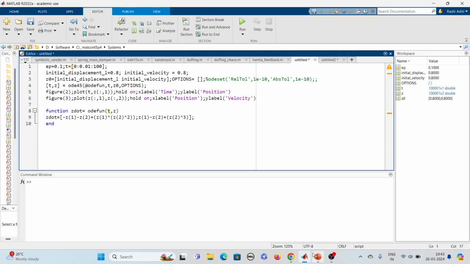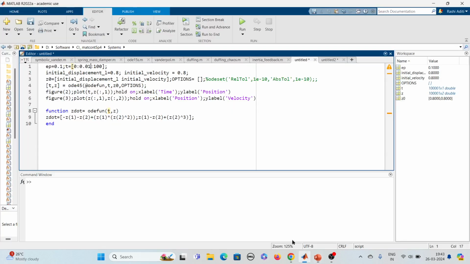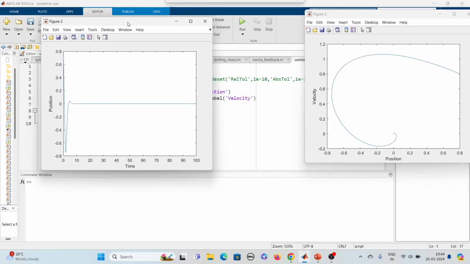Okay. Now, what the question says is the value of x and y from the given system at t equals 100 is 0, 0 for the initial condition 0.8, 0.8. So first I'll take this initial condition 0.8, 0.8. Let me just compute it. Let us see. Okay.